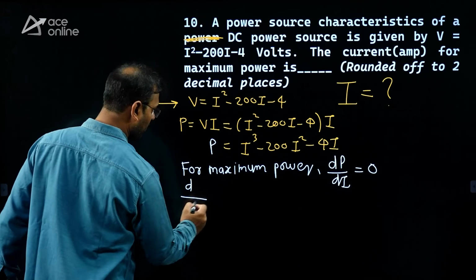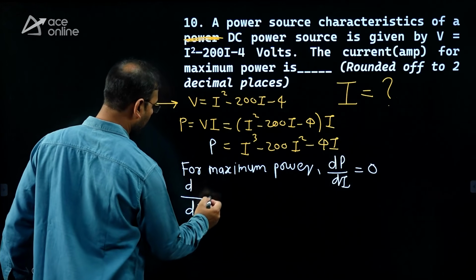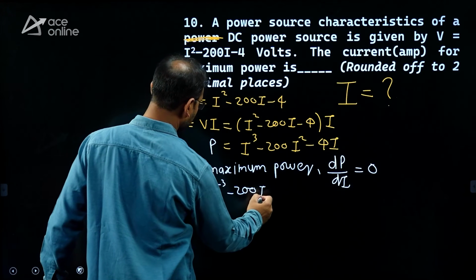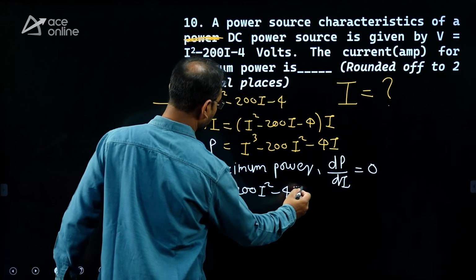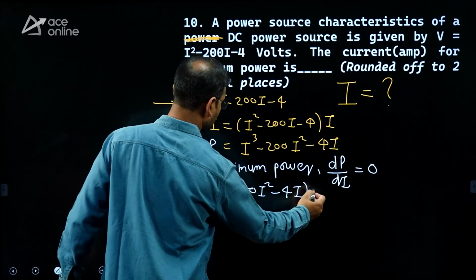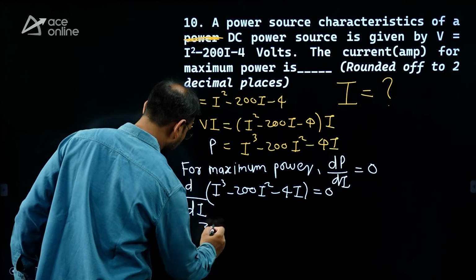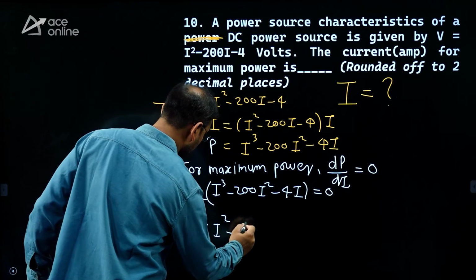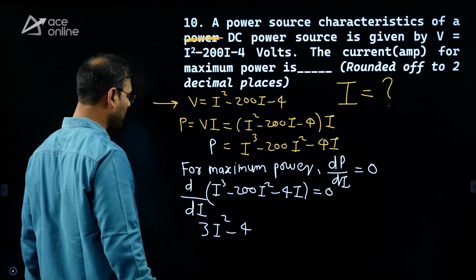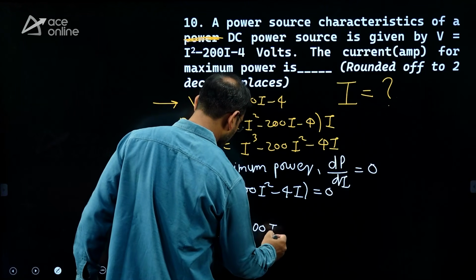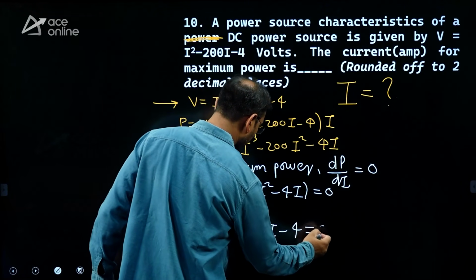Therefore, the derivative of I cube minus 200 I square minus 4I is equal to 0. Then do the derivative: 3I square, since the derivative of I cube is 3I square, and the derivative of I square is 2I, that is 400I, minus 4 is equal to 0.